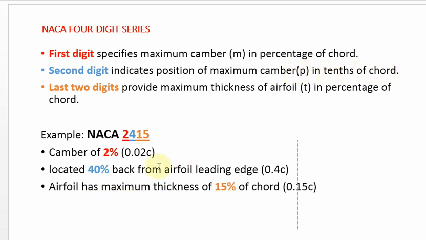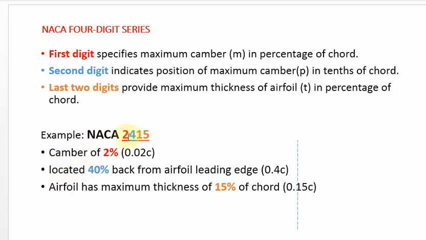So the second digit is 4, and tenths means 40, that means 40% of the chord. So 40% of the chord from the leading edge is the location of your maximum camber.